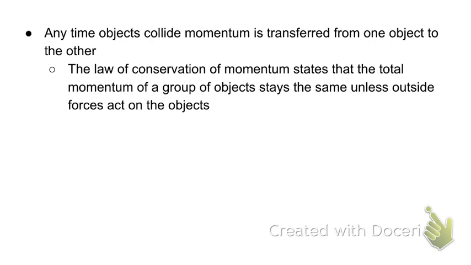If we are ignoring friction, then the momentum of the cue ball is going to be transferred into all of those other balls, and the total momentum of the system will stay the same. Of course, here on Earth, collisions aren't always perfect like that, and we often lose some momentum to friction and other outside forces, but in a system where there are no outside forces, momentum is going to remain the same.